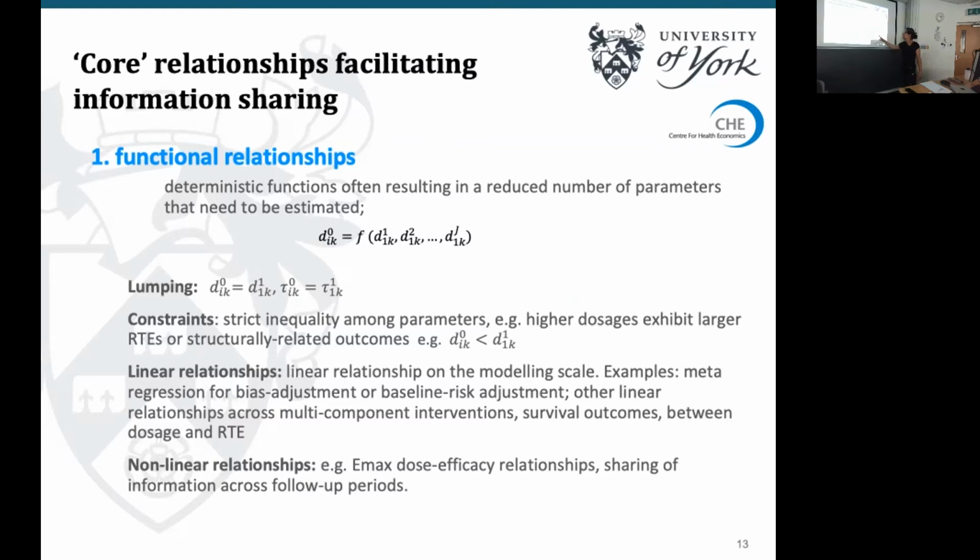But there are also examples of constraints being used. So assuming a strict inequality amongst parameters, like D0 lower than D1, as an example.